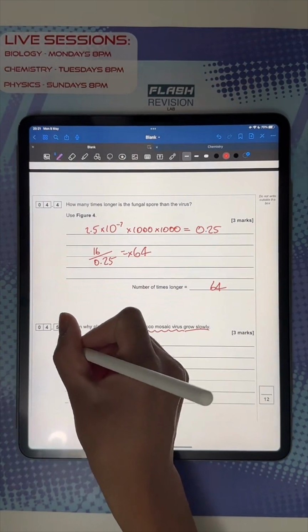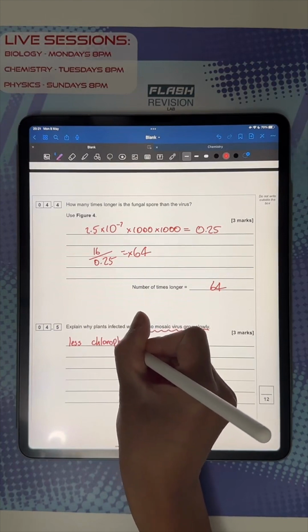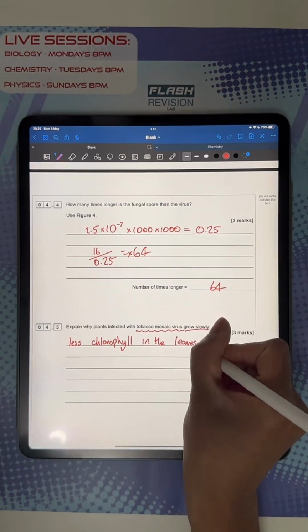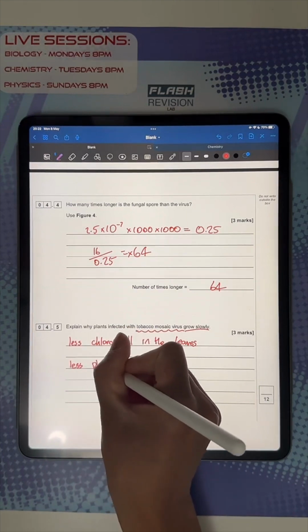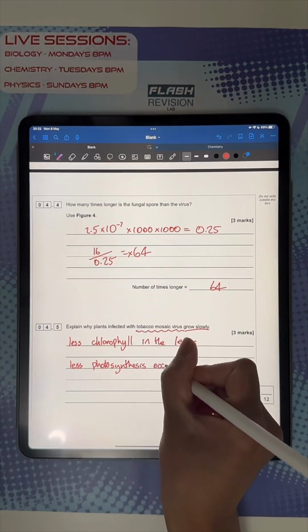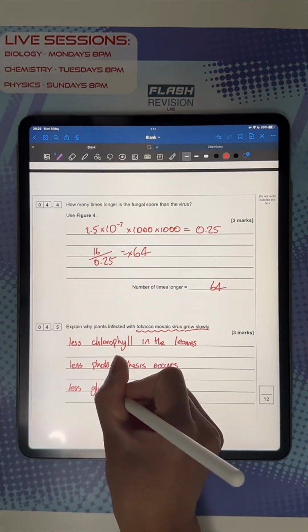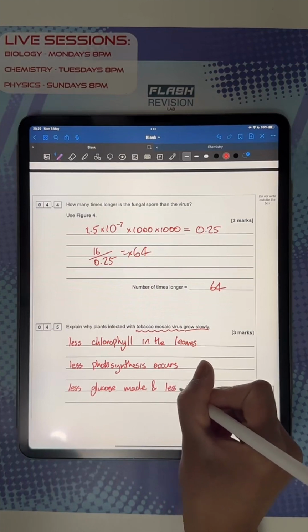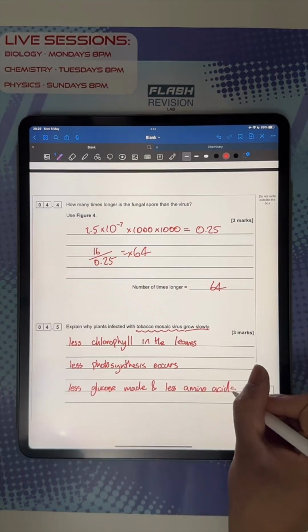So the first mark is to say there's less chlorophyll in the leaves, which means less photosynthesis occurs. So less glucose made. And less amino acids for growth.